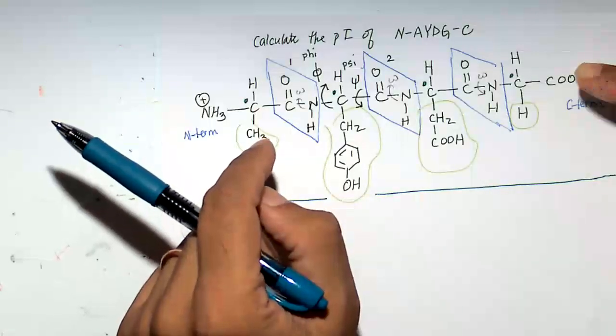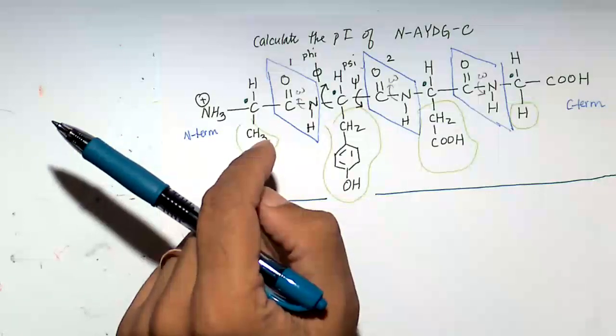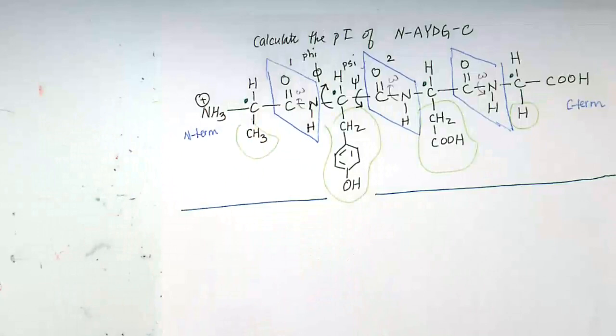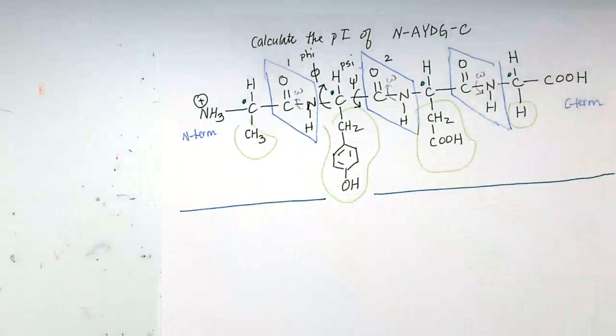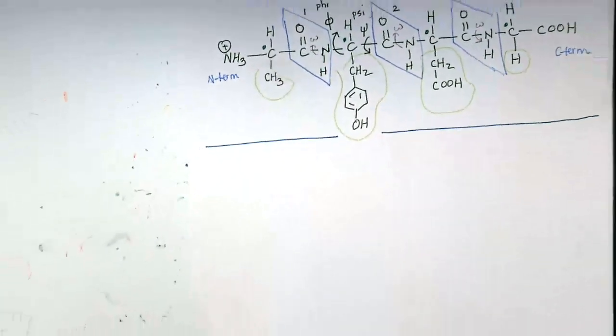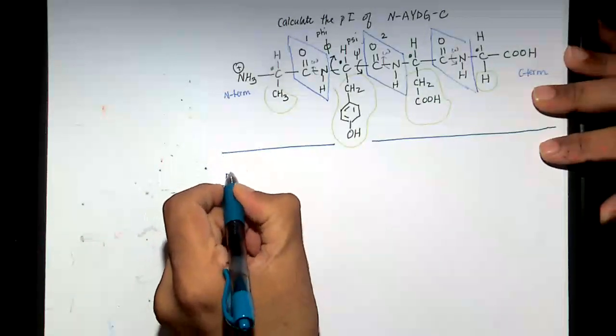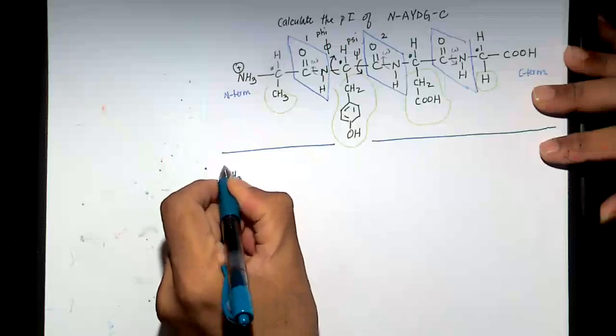The side chains, okay? So because your polypeptide backbone has no pKa's other than your N and C terminus, when we calculate the pI of AYDG, I think it would be easier if you just write it out like this.